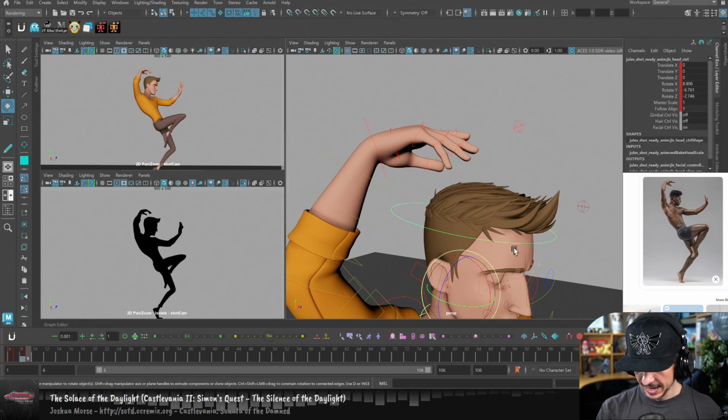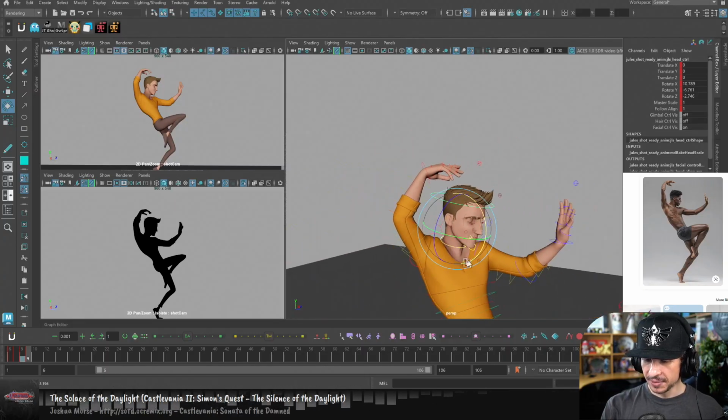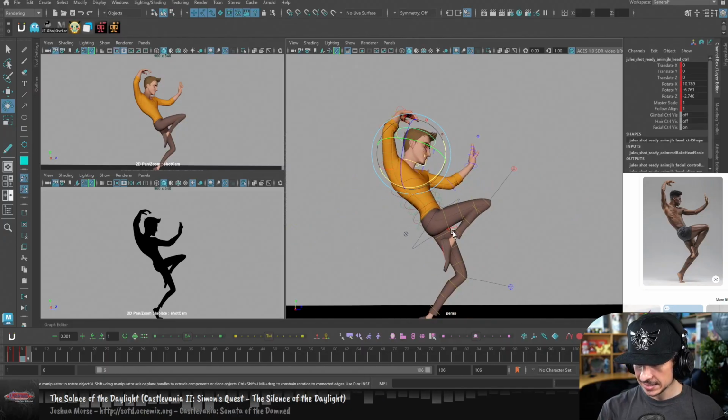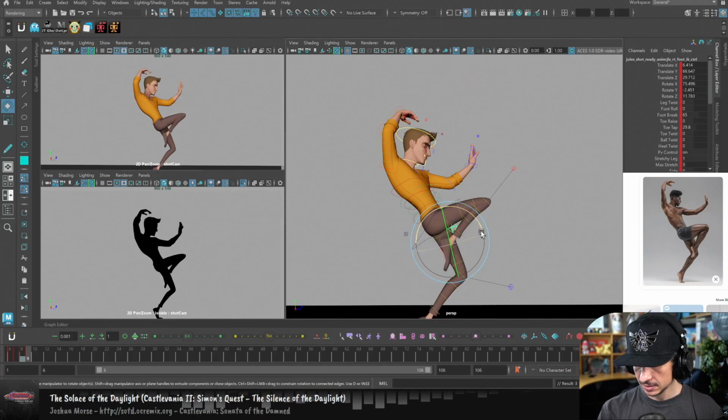I feel like the head could tilt down a little bit so that the chin kind of draws the line into the arm there. And yeah, overall, the biggest thing that I'm finding is that this leg, ideally what I would want is just to kind of hide that foot. Something like this.